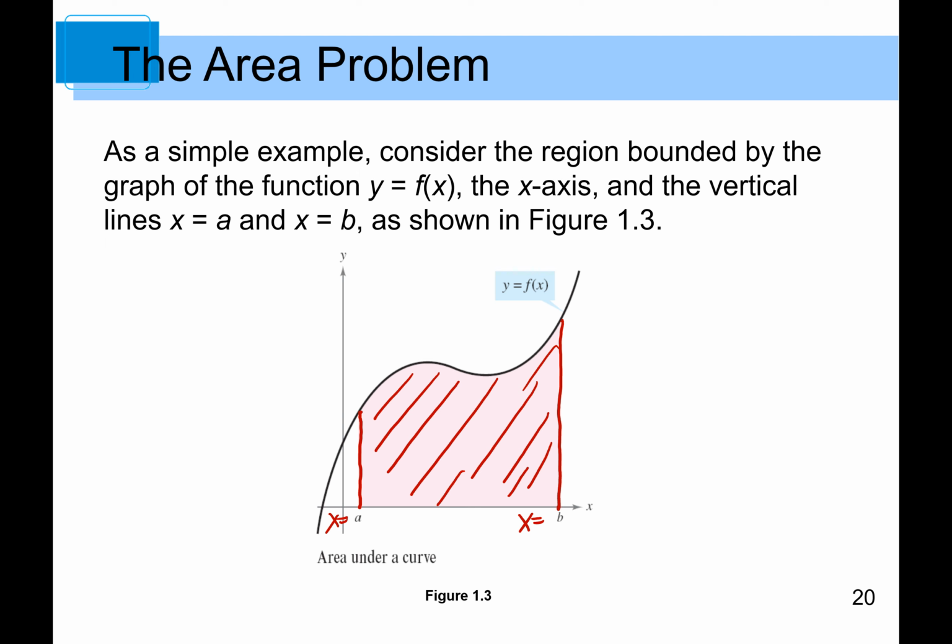And using the calculus knowledge we're going to learn later, we'll be able to find the area bounded by any graphs of any functions. In this case it is bounded by the x-axis, x equals a, x equals b, and the function f of x for this particular region.